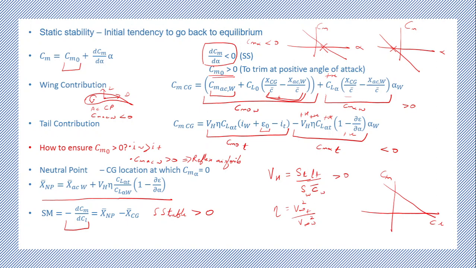If I increase the tail setting angle, will the stability increase or reduce? Think about it, the equation is right here. This is the equation. Will it increase or reduce? If I increase the tail setting angle, will the static stability increase or decrease?